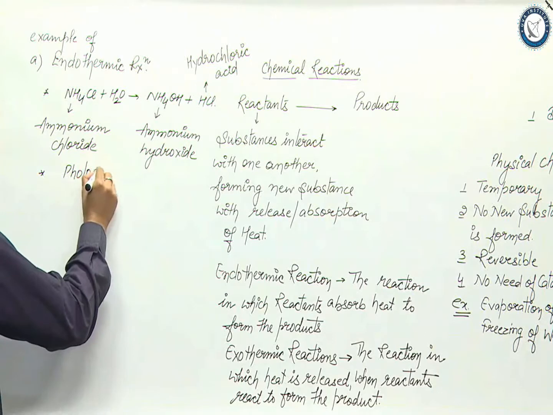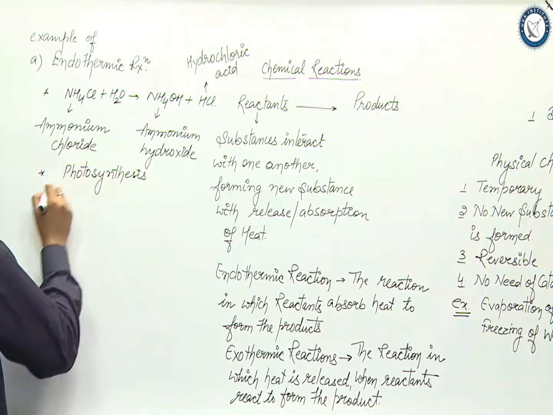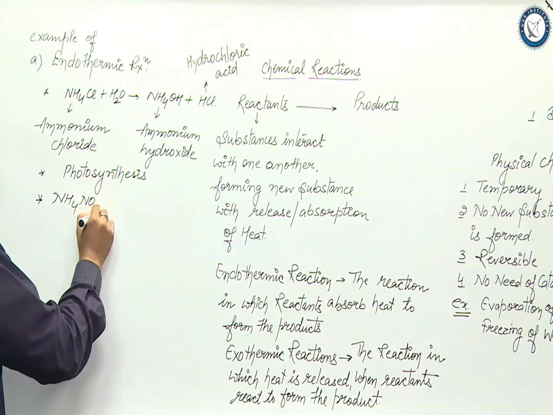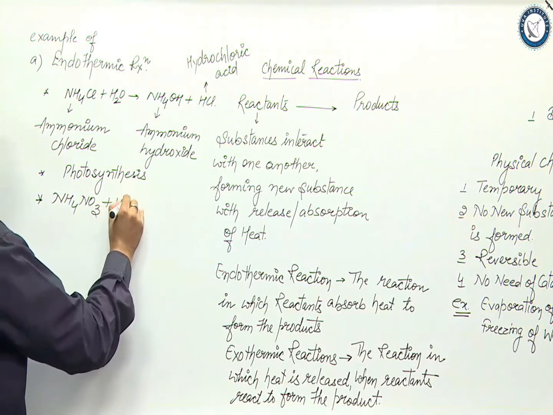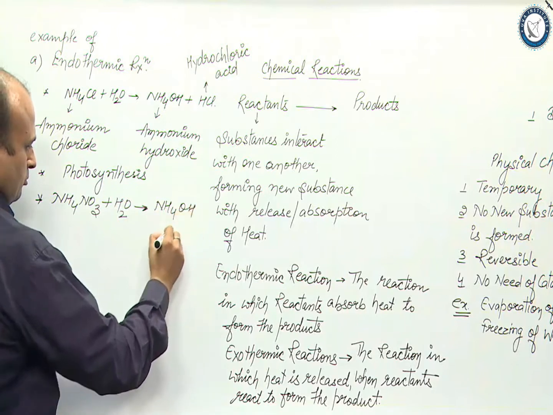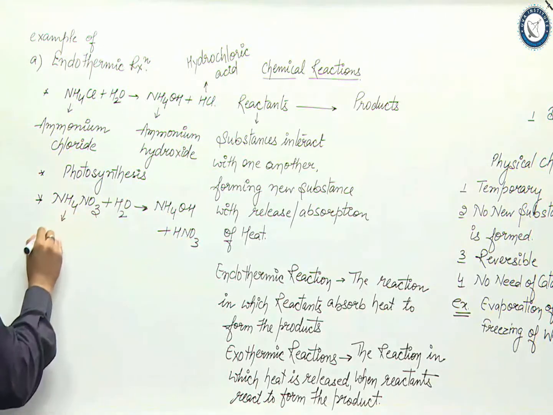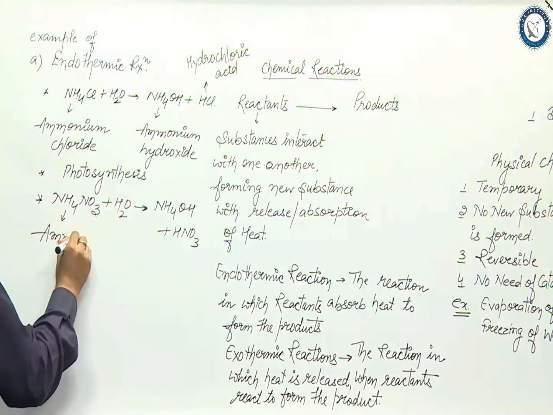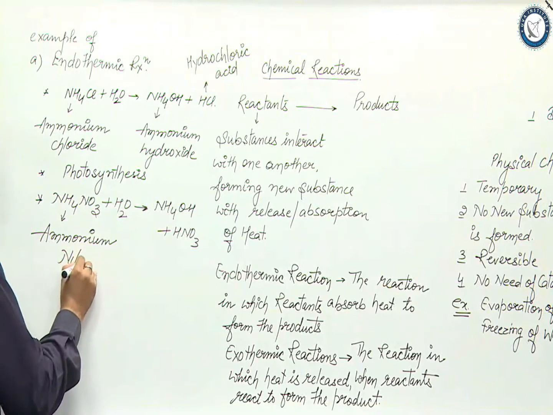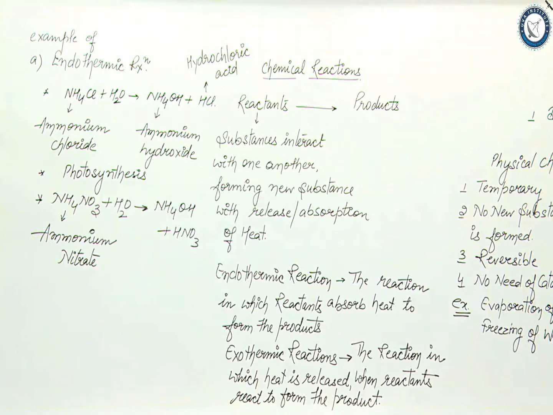Photosynthesis. This is ammonium नाइट्रेट बेटा, इसको पानी में डालेंगे, रिएक्शन विल बी एंडोथर्मिक.